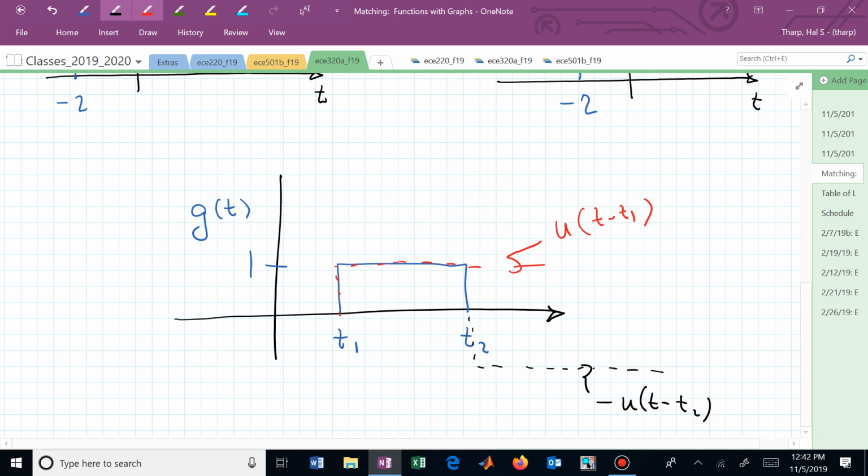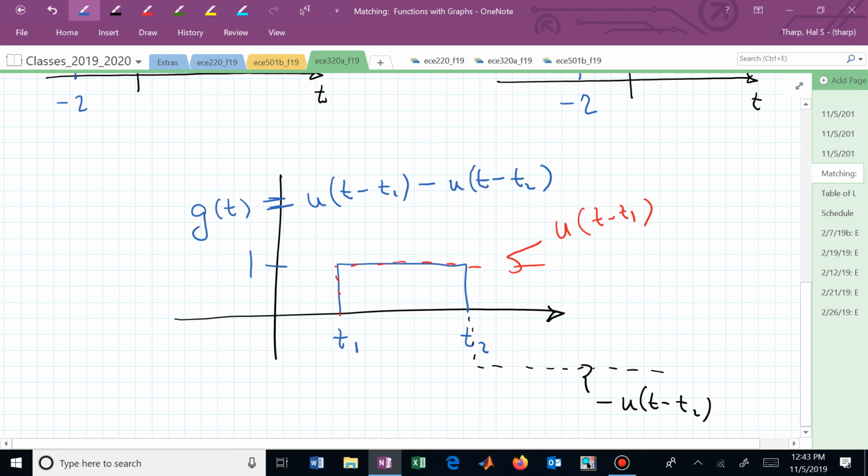So that g of t, in fact, is, as a function, u of t minus t1 minus u of t minus t sub 2. And now you can generate unit pulses, with whatever width, defined with respect to unit steps.